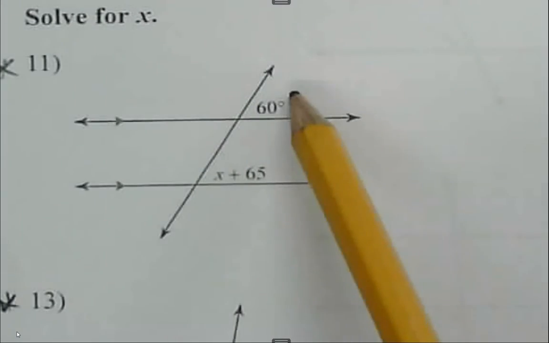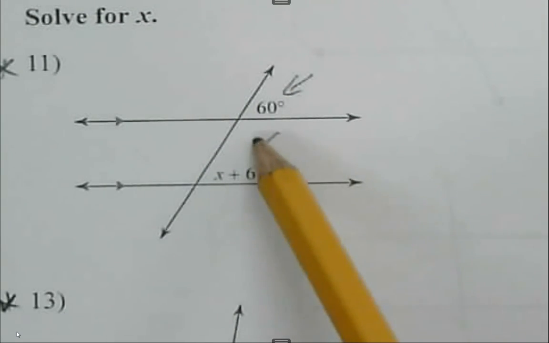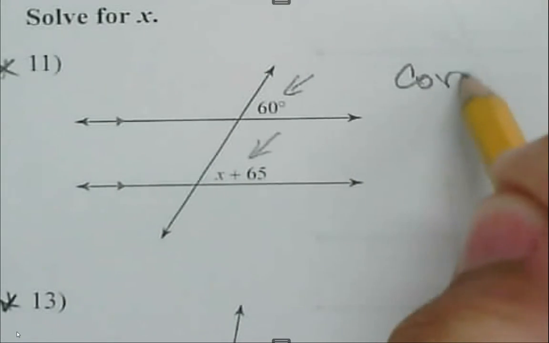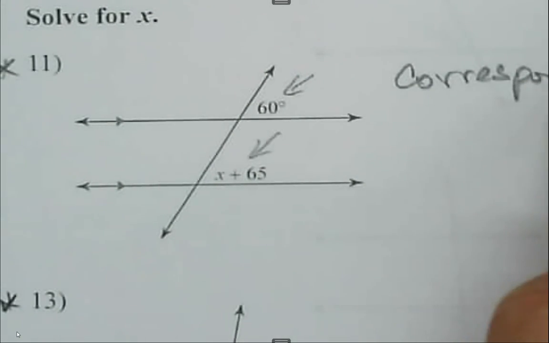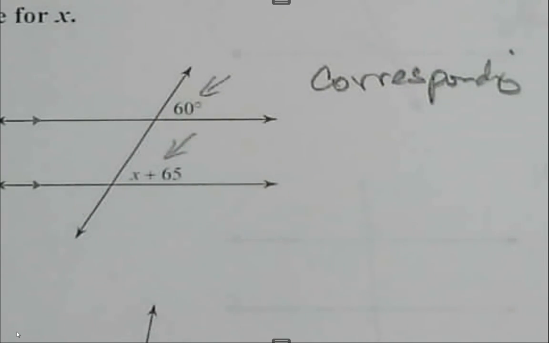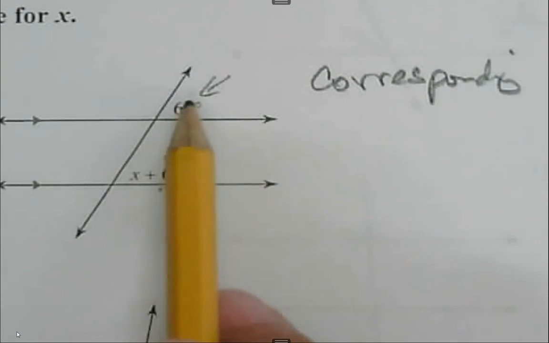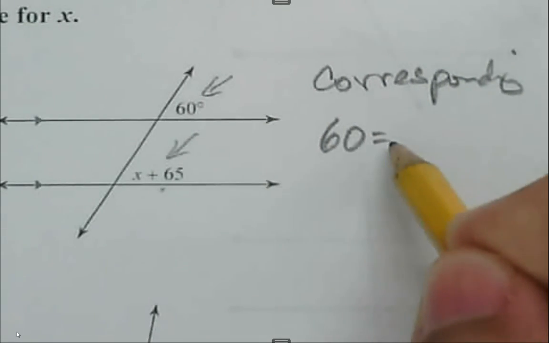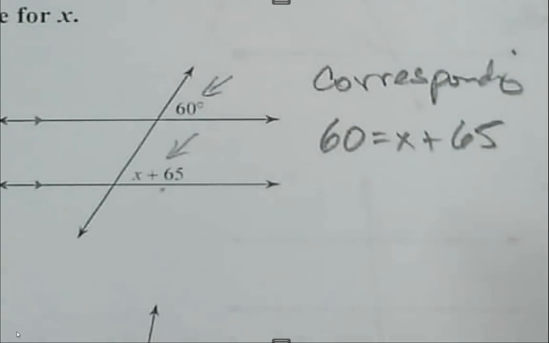So again, if I look, this is in the top right-hand corner. This is also in the top right-hand corner. So these are corresponding angles. And corresponding angles are congruent, which means that they have to be equal. So somehow, some way, this has to equal 60 degrees. So very simply, I just say 60 equals x plus 65.